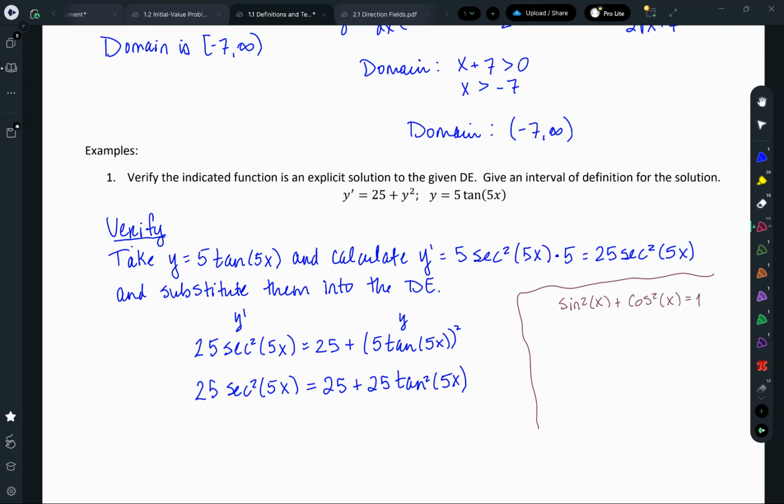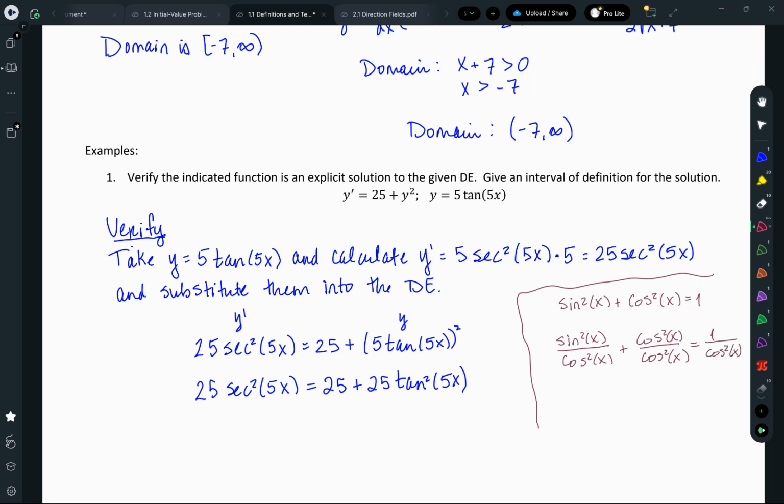And if I want to see what the Pythagorean identity is that includes secants and tangents, then I should divide everything by a cosine squared. So then I get sine squared of x over cosine squared of x plus cosine squared of x over cosine squared of x is equal to 1 over cosine squared of x.